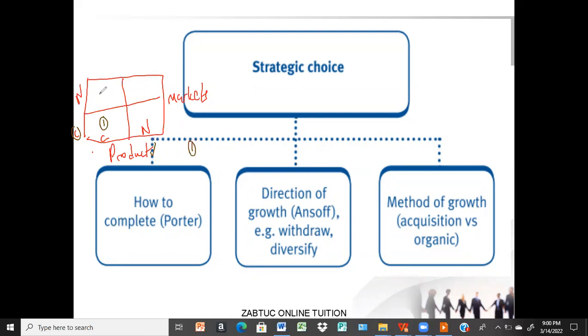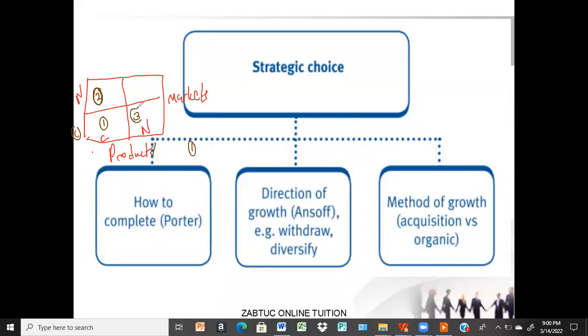What if we move up here now? Current products, but into new markets. Same products, but we are now taking them to new markets. What do you call that? It's market development. What of here? The current markets, but you're taking new products there.